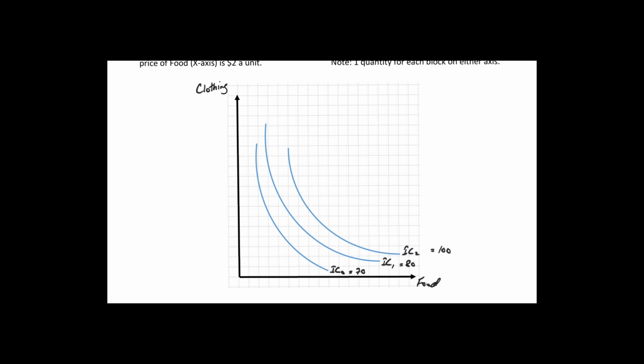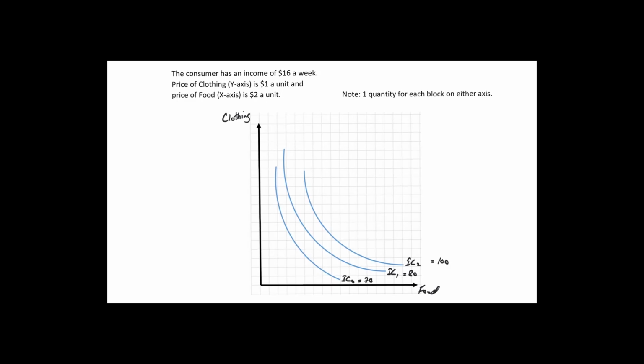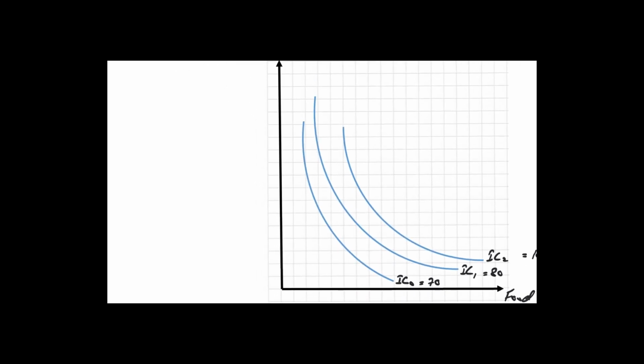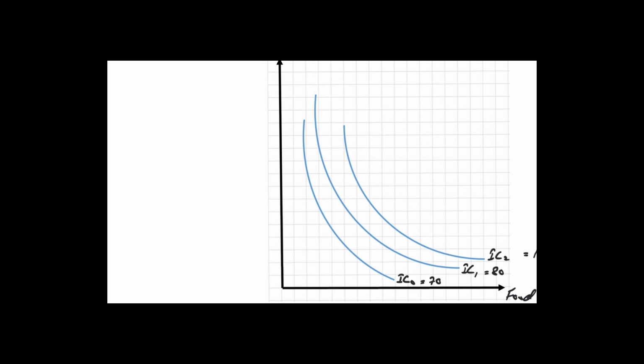The thing is, if budget was not a problem, you would have preferred to be on IC2, the highest one. In fact, you could have gone beyond that as well. But since there is a budget constraint that has been given to us, if you have the budget of 16 per week and the price of clothing is $1, the maximum of clothing that you can afford is 16, and that's my marker right here.